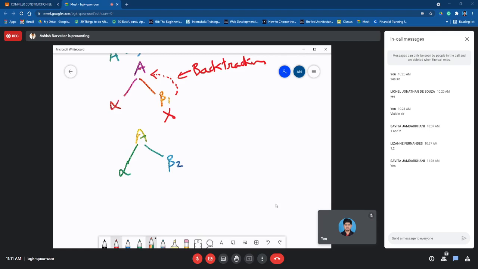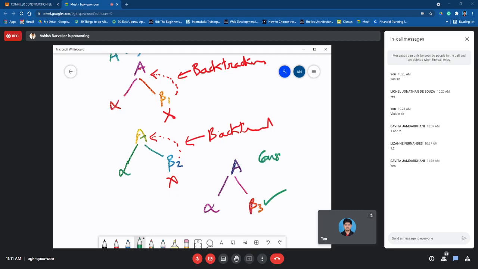Again, if we realize that we were not intending to use beta 2, it will again lead to backtracking. Further, if we take alpha beta 3, let's say this is what we require. So we'll make use of A derives alpha beta 3.